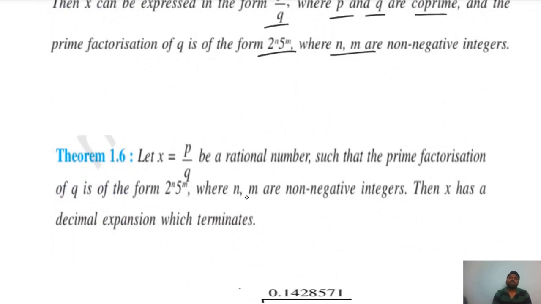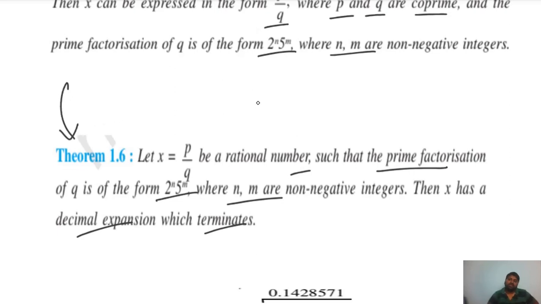Again, let x equal p by q be a rational number such that the prime factorization of q is in the form 2 to the power n and 5 to the power m, where m and n are non-negative integers. Then x has a decimal expansion which terminates. This is the converse part of this theorem.